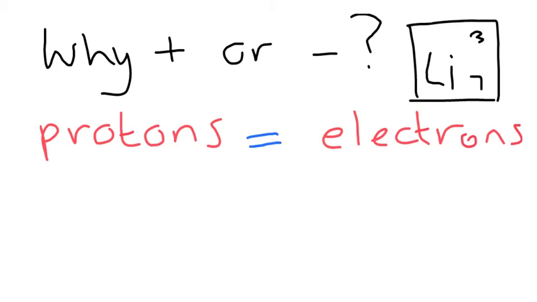So if we just focused on lithium, lithium has an atomic number of 3, so normally it would have 3 protons, 1, 2 and 3, and normally in an atom, to balance that charge, it would have 3 negative electrons.